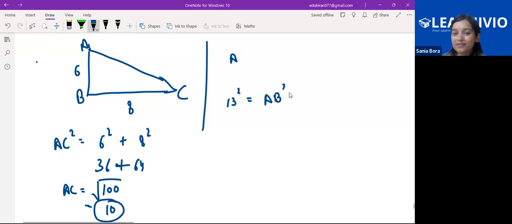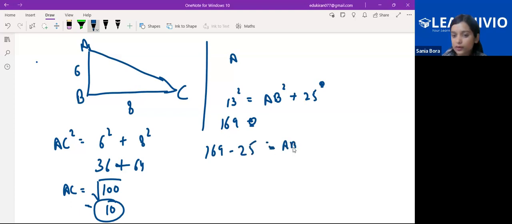So 13 square, everybody knows 169. AB square, you don't know, right? And 5 square is 25. So that means 169 minus 25 would be your AB square, right?